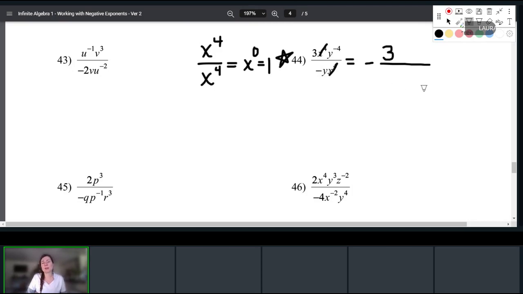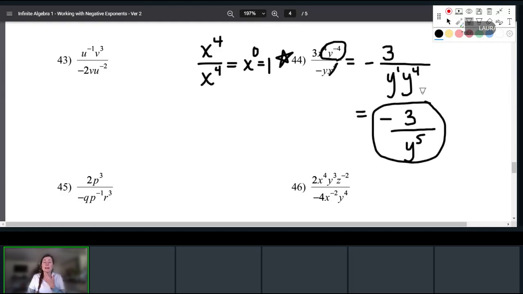Next, we also see that we have a y to the first in the denominator. And we have that y to the negative fourth in the numerator. We know that that needs to move downtown to the denominator and become a positive 4. Finally, to fully simplify, in the denominator, we have y to the first times y to the fourth, and we're going to add those exponents there.